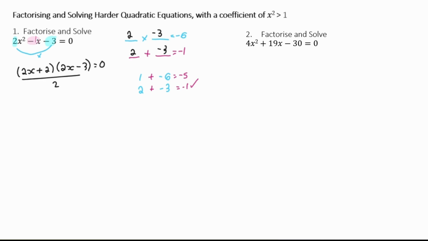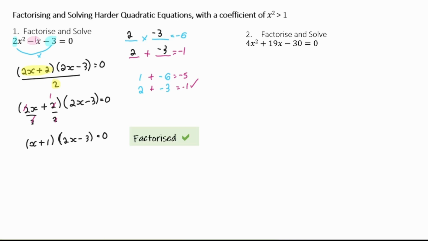The bracket in which both the numbers can be divided by 2 is the first bracket, so we can rewrite this as 2x plus 2 with both terms divided by 2, and then the second bracket 2x minus 3 as it is. So this cancels out, dividing by 2 gives 1, and that also gives 1, which means our first bracket is now going to be x plus 1, and the second bracket remains 2x minus 3.